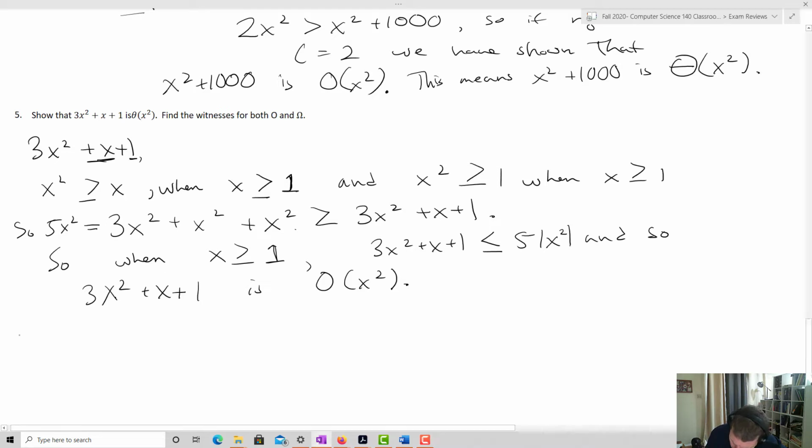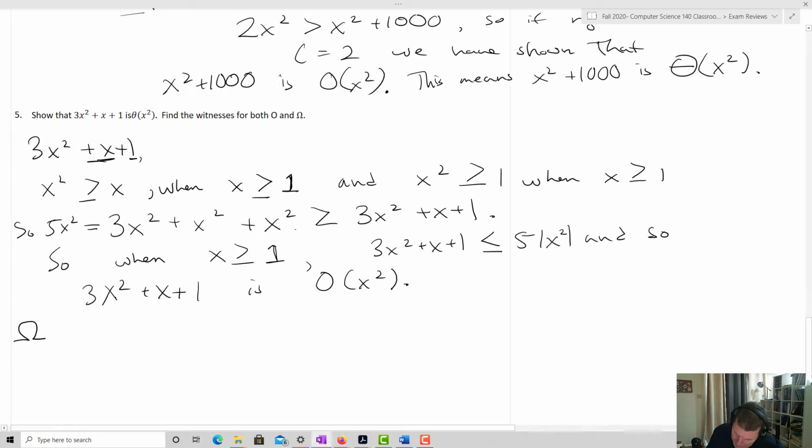So for omega, I'm going to consider 4x squared. Pardon me. Actually, this is pretty simple.